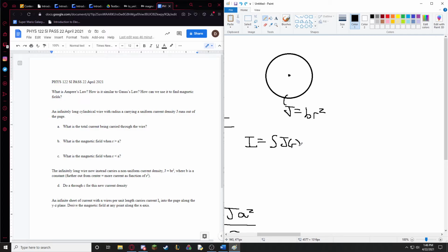The J is still symmetrical, it's just not a constant, so we can't take it out. Because if we're integrating over dA, our area is also a function of the radius, right? Yeah, okay, I see what you're saying. It's a non-uniform density, so J is not constant. So how do we actually integrate over dA?